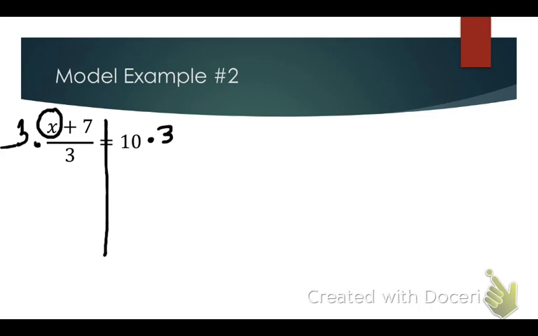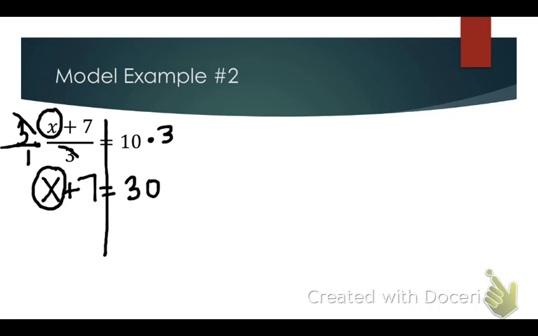Sometimes I like to put that right over 1. That makes cross cancellation look a lot prettier. Now I'm left with x plus 7 equals 30. I still need to simplify, and x is still not isolated.